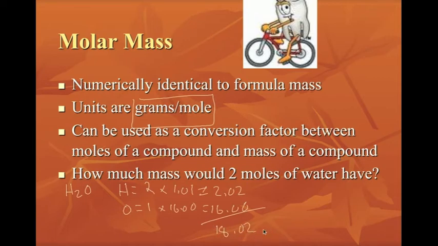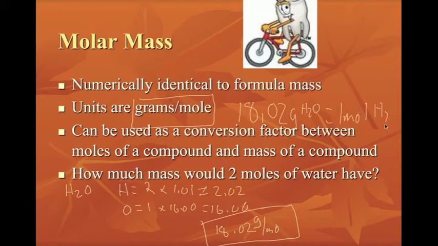Now, what that means, that unit is grams per mole, which if we were to rewrite this out lengthwise, what that means is we have 18.02 grams of H2O in 1 mole of H2O.